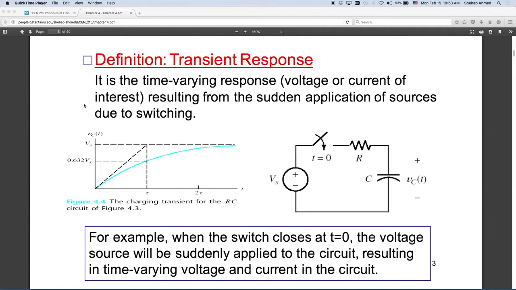So capacitors and inductors have terminal characteristics, meaning voltages and currents, that are time dependent. Resistors don't, right? Because of this time dependence, there is a transient response associated with using these elements, like a battery concept, like the train concept that we talked about.